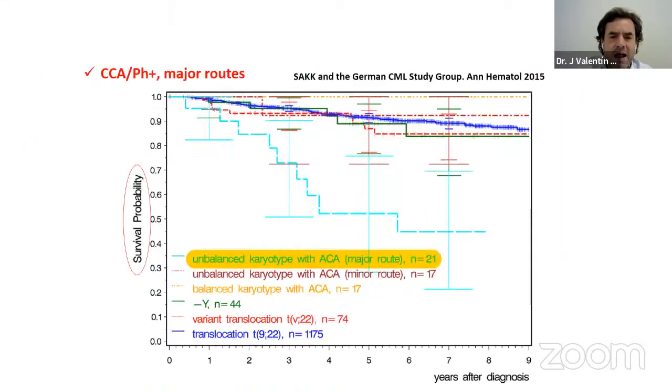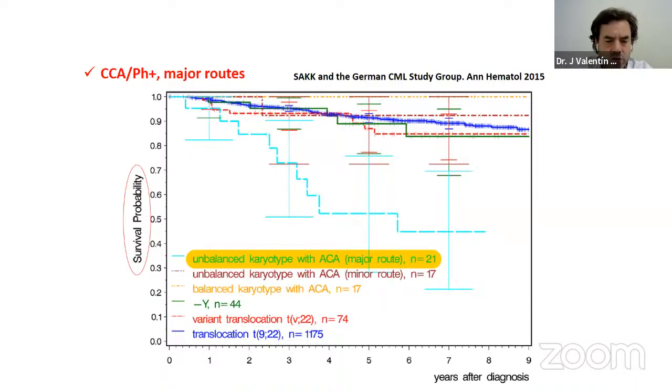This may also apply to those patients harboring the so-called complex or other cytogenetic alterations. And I'm not going to go in depth with this data because it was very nicely presented in the previous presentation. Probably at this moment we can do even better, and we now have more information.